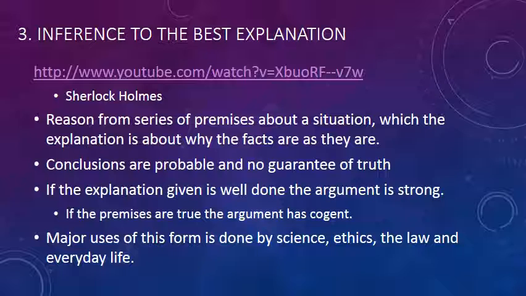The conclusions then take the facts and create a probability that has no guarantee of truth. However, under the inference to the best explanation, if the explanation given is well done, then the argument will be very strong. If not, it's going to be weak. If the premises are factually true, then the argument would also be very cogent.